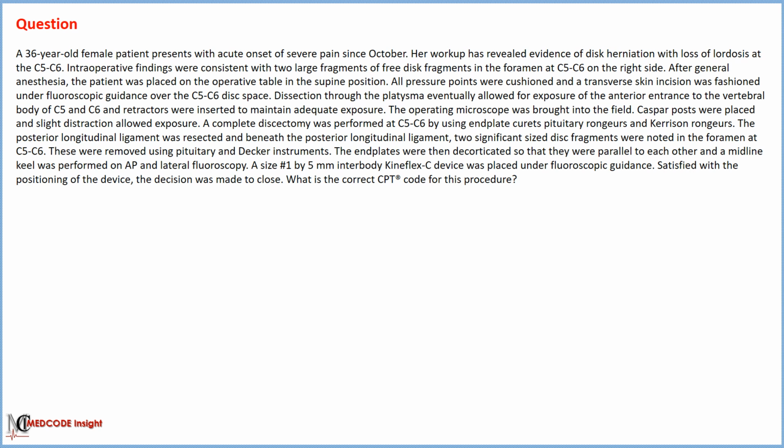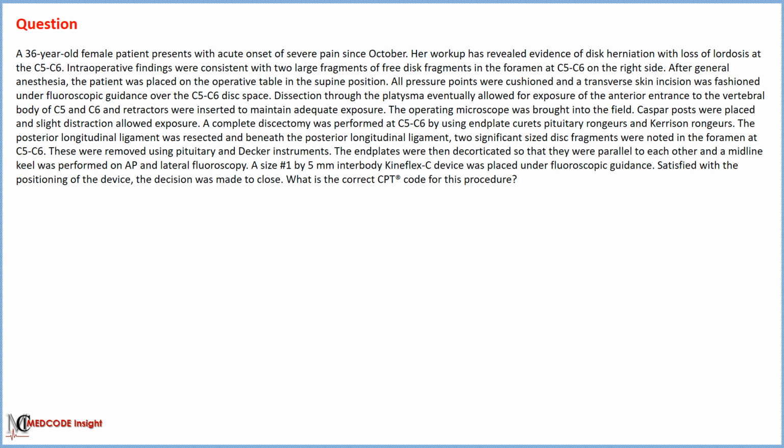The operating microscope was brought into the field. Caspar posts were placed and slight distraction allowed exposure. A complete discectomy was performed at C5 to C6 by using end-plate curettes, pituitary rongeurs, and Kerrison rongeurs. The posterior longitudinal ligament was resected, and beneath the posterior longitudinal ligament, two significant disc fragments were noted in the foramen at the C5 to C6.